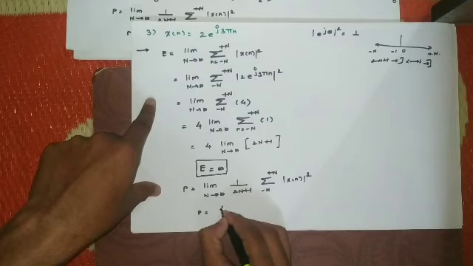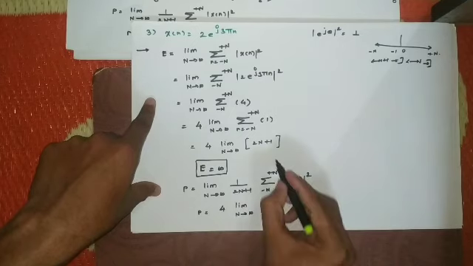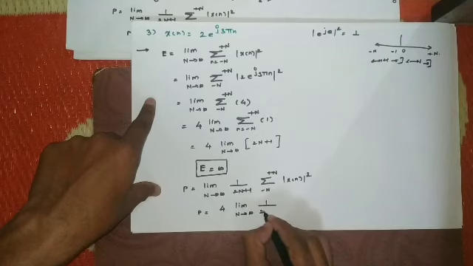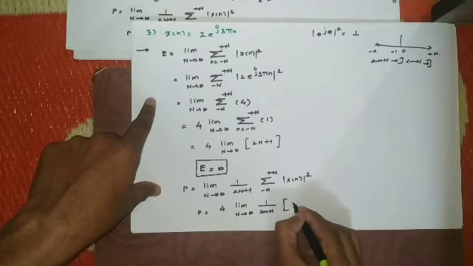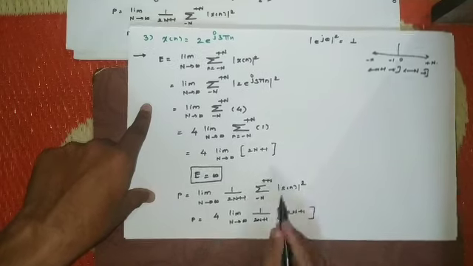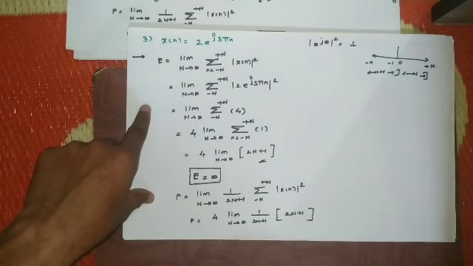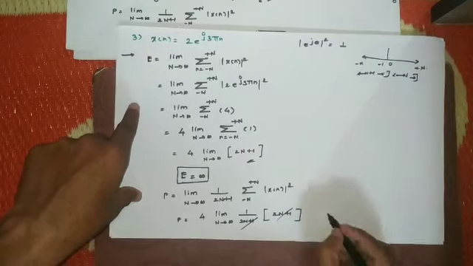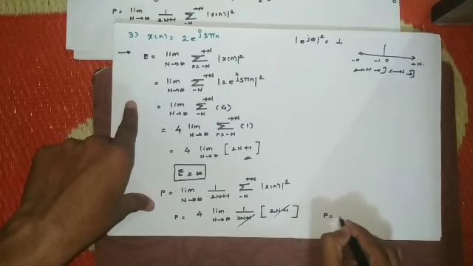So I can write this as 4 into limit n tends to infinity of 1 upon 2n plus 1 into 2n plus 1. Now this 2n plus 1 will get cancelled. We are left with only 4. That means power of this signal is finite, which is going to be 4 watt.